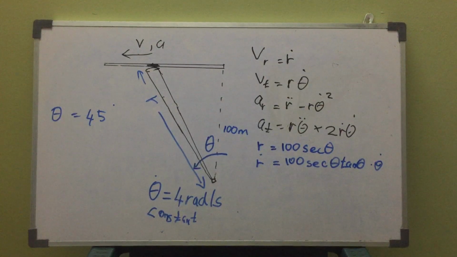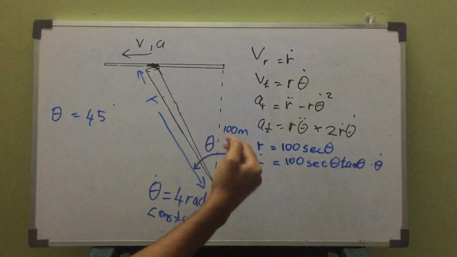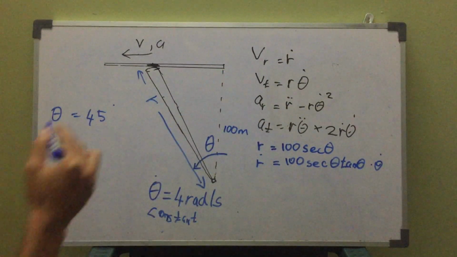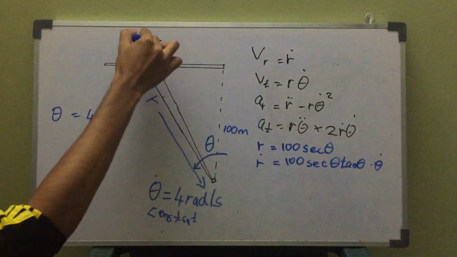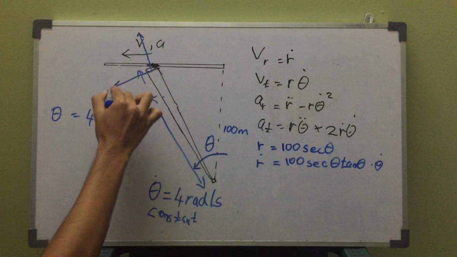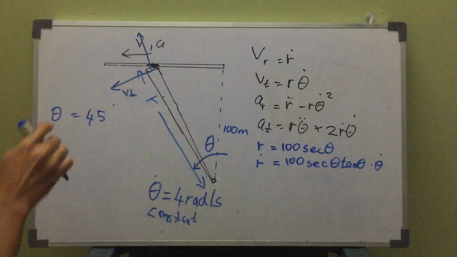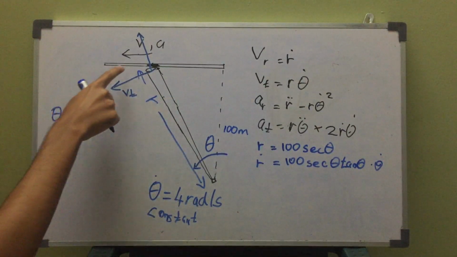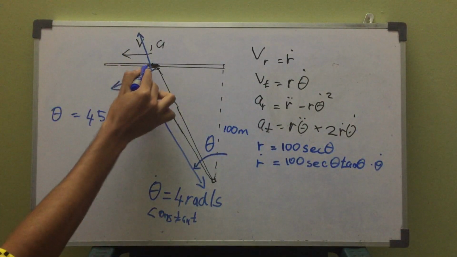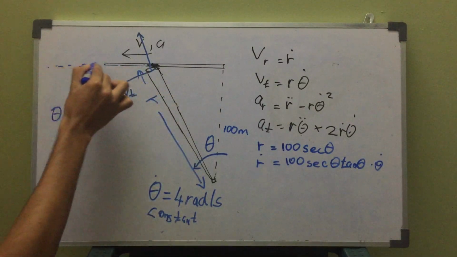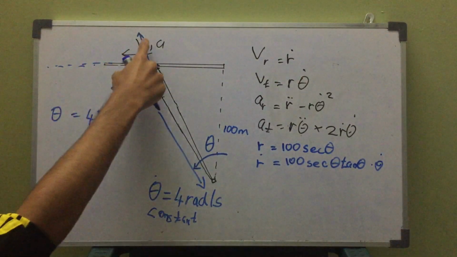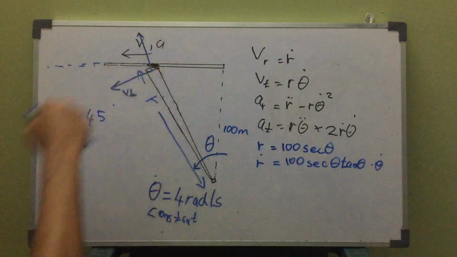So from that we can directly find what's the velocity in the radial direction, which means in this direction, as well as the transverse direction, this direction. But here, as I already mentioned, we need to find it in this horizontal direction. How to find it in this horizontal direction, which is caused by these 2 velocities?